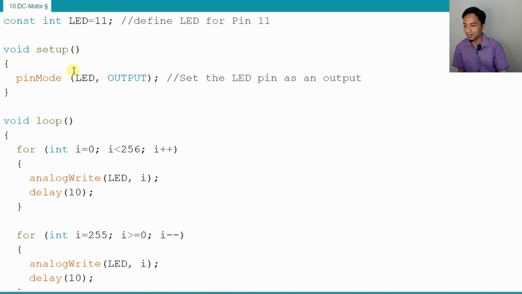So I will just only edit the coding from the PWM video previously. So if you don't watch the PWM video, or if you don't have this coding previously, you can go and watch the PWM video first before proceeding with this coding here.